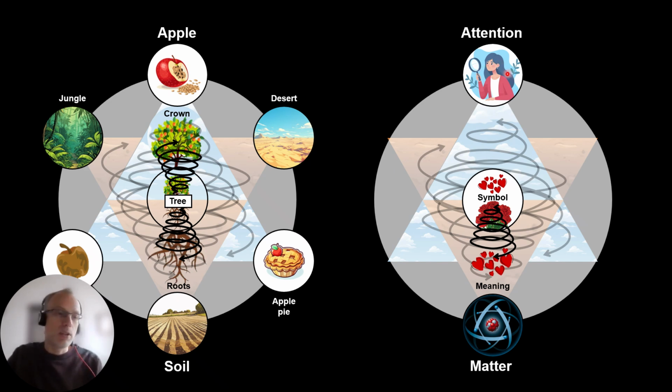So the attention, the consciousness, engages into the area of the potential. And in the same way, the matter spirals upwards towards the attention. So we call that an appearance because we don't engage with the matter directly. We only engage with it through the form of appearances.